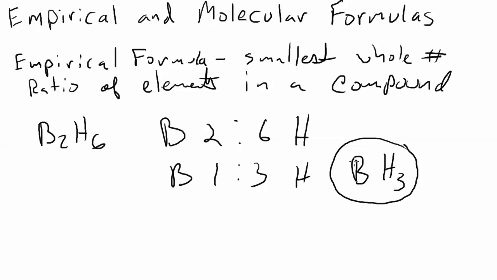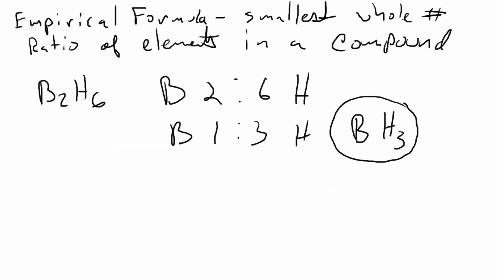So what does this mean for you in this class? Well, you need to be able to take either percent composition for a compound or masses of elements in a compound, and you need to be able to calculate the empirical formula for that compound. So I'm going to run you through two examples right here, and we're going to see how this works.